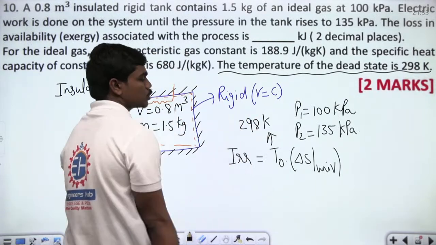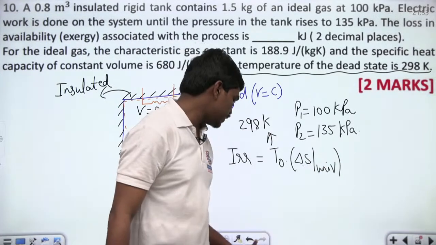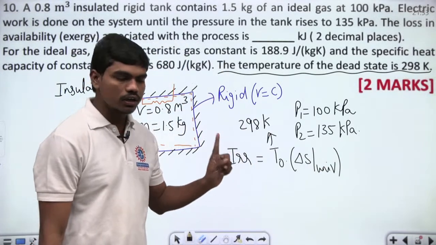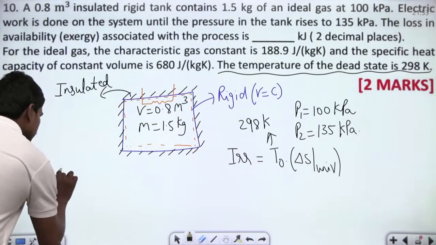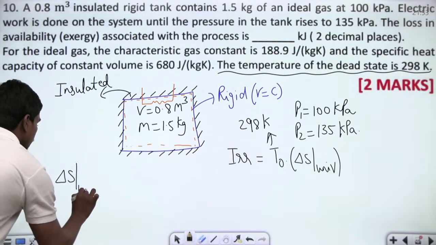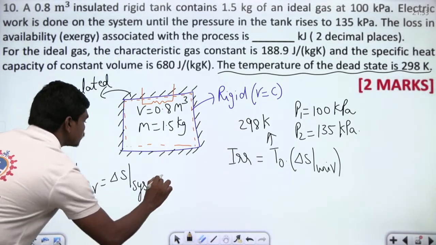So definitely, one thing that you need to identify is the change of entropy of the universe for this process to happen. Now, the change in entropy of the universe, delta S of universe, is nothing but delta S of system plus delta S of surroundings.